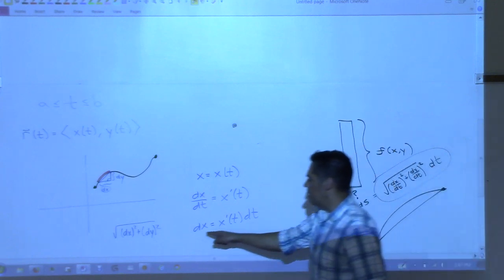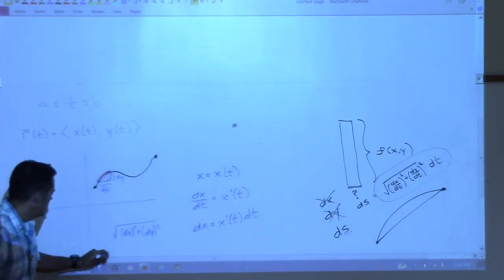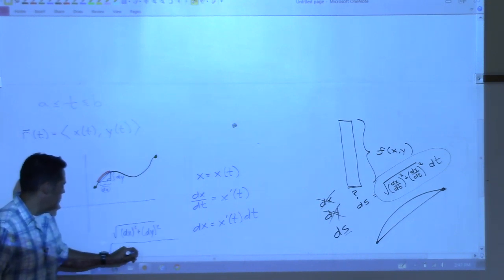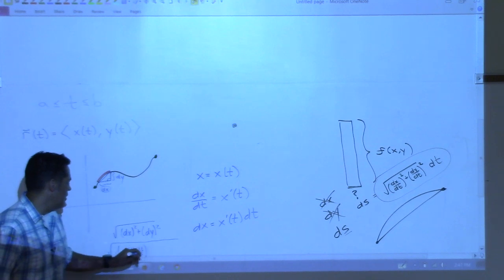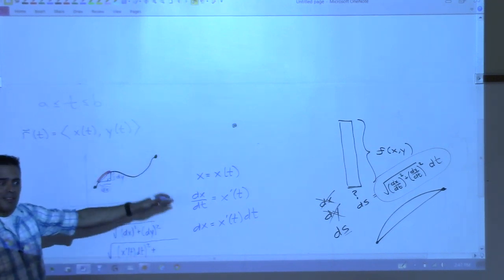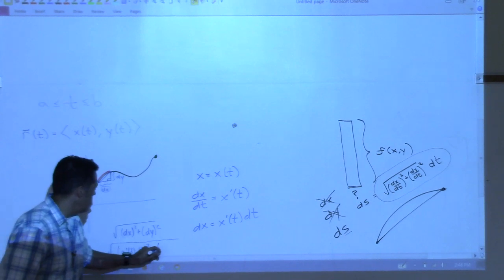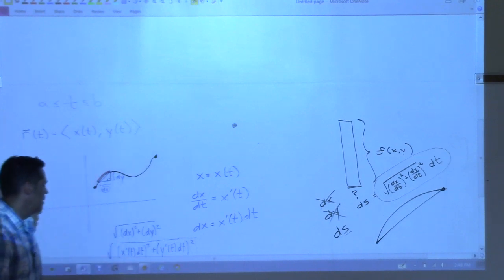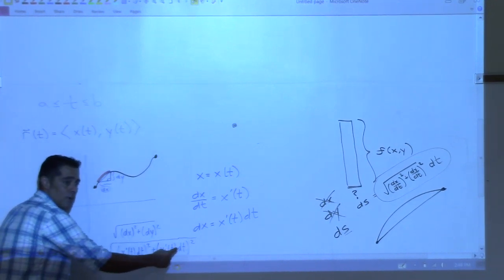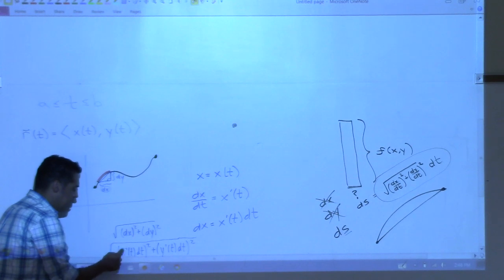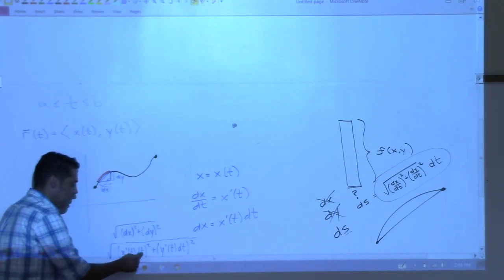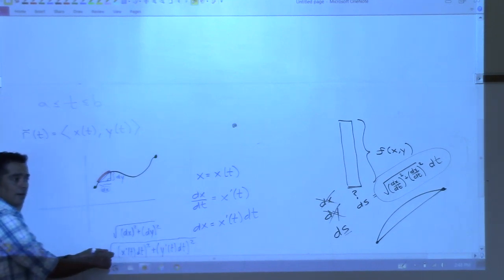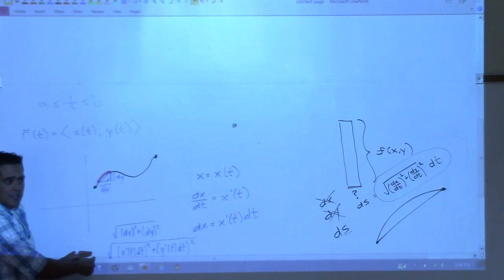And now let's put that into this formula. So this will become the square root of x prime of t dt, squared, plus, and then the y would work exactly the same way, so you would get y prime of t dt, squared. Now both of these have a dt in them, right? So this is going to be x prime of t squared times dt squared plus y prime of t squared times dt squared. I can factor out a dt squared and then take that out of the root as a dt, right?